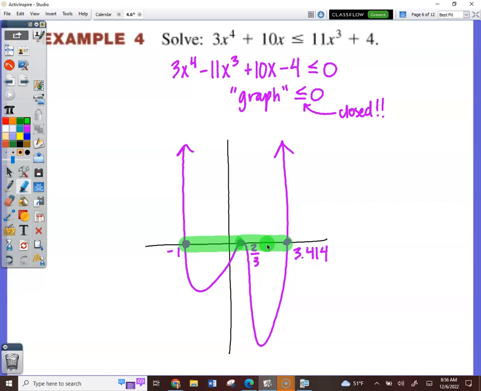So it does matter in the sense of you have to pay attention to, was this open or closed? Had it been open, then you would have to say, I'm skipping over 2/3 to finish the rest of it. But since it's closed, then it's irrelevant. So -1 to 3.414, and it's closed.